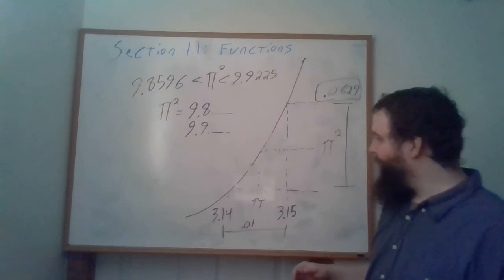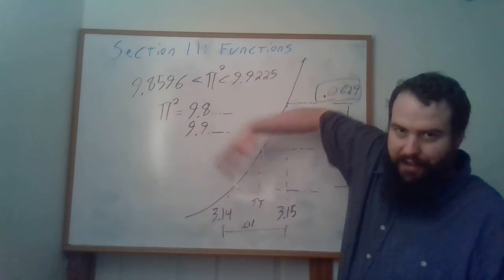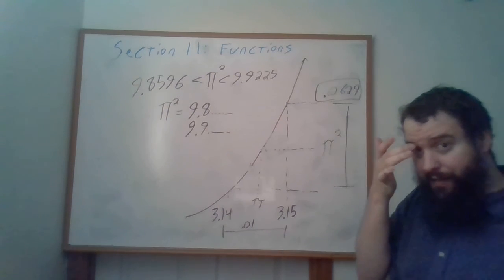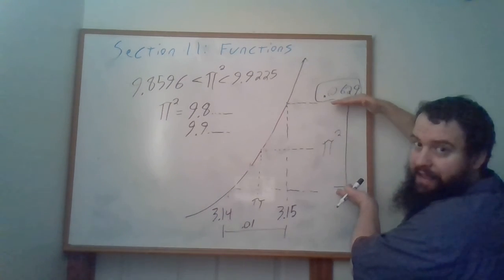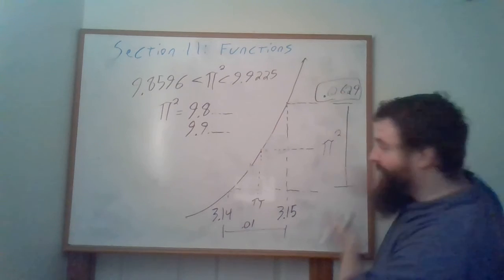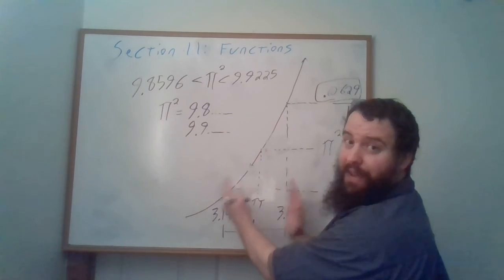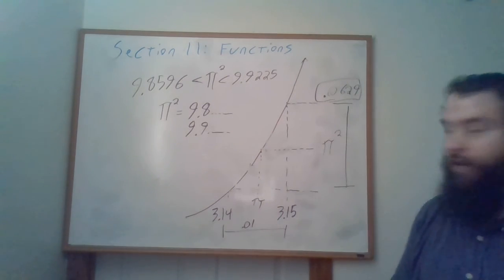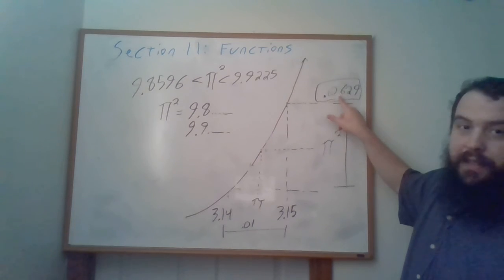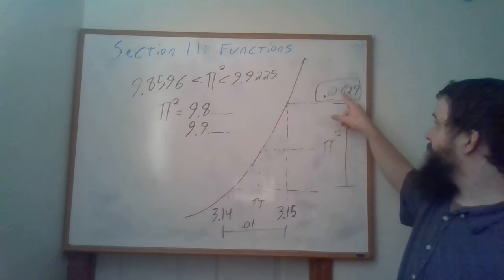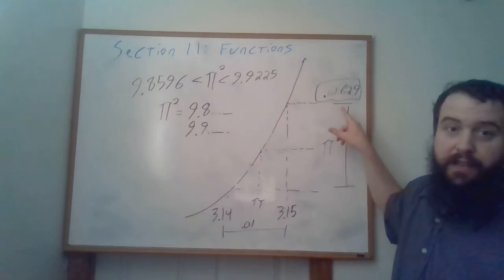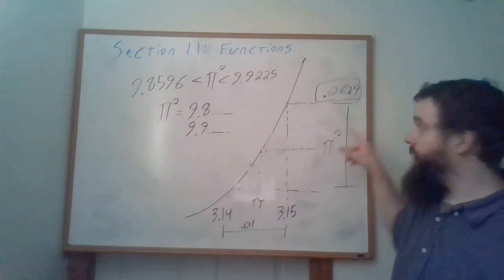Right, so I've actually drawn the slope of this thing terribly because this distance here is actually 6 times as big as this distance here if I had drawn this graph to scale, right? It's more than 6 times as big. It's 6.29 times as big. It's almost 6.3 times as big.